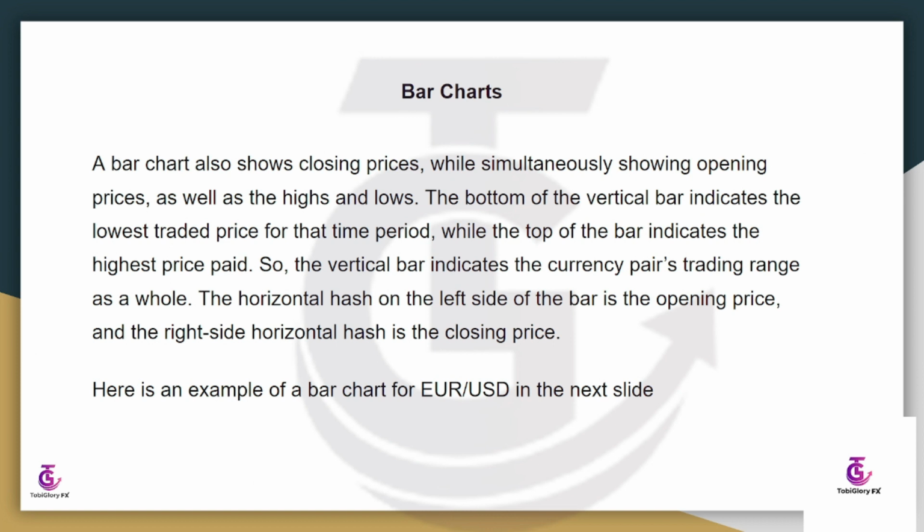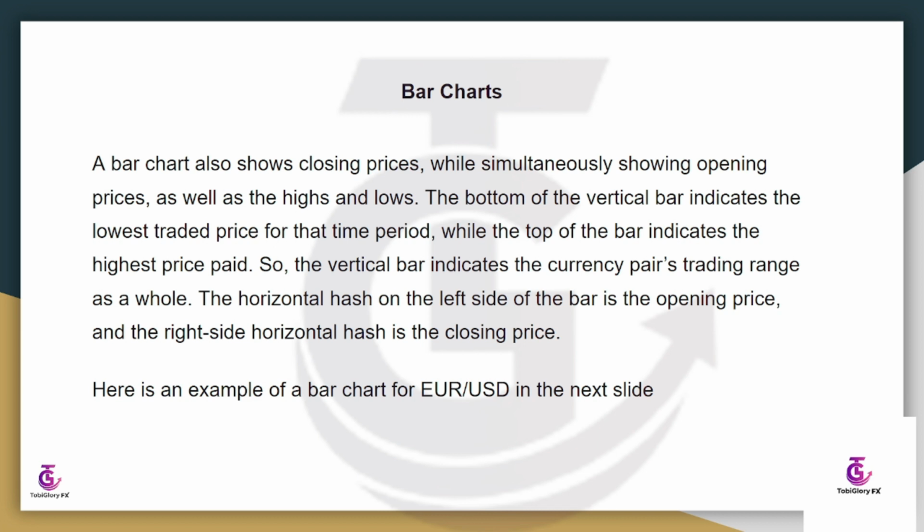Bar chart. A bar chart also shows closing prices while simultaneously showing opening prices as well as the highs and lows. The bottom of the vertical bar indicates the lowest traded price for that time period, while the top of the bar indicates the highest price paid.